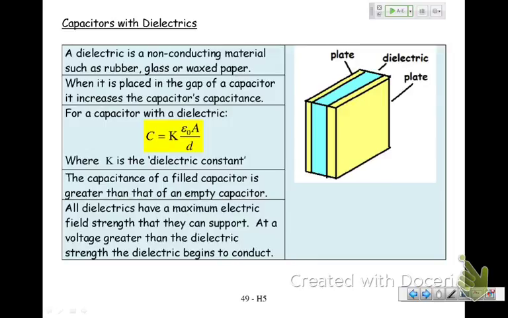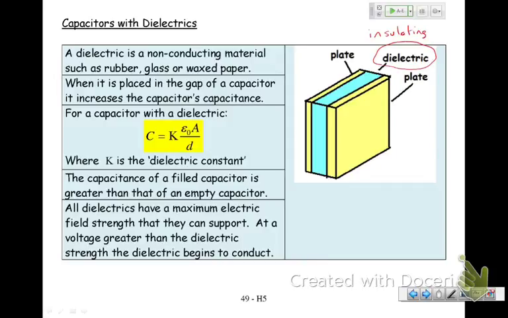Supposing I decide to fill the gap with stuff. Well, hopefully insulating stuff, because if I fill it with conducting stuff, then the charges will just flow through it. So the only really interesting choice is stuff that's insulating, and we call this the dielectric.